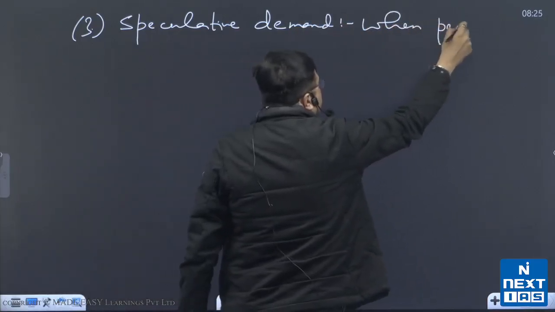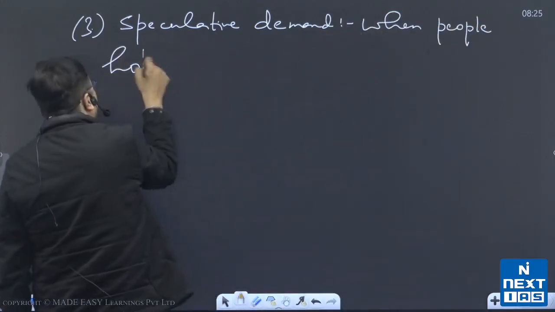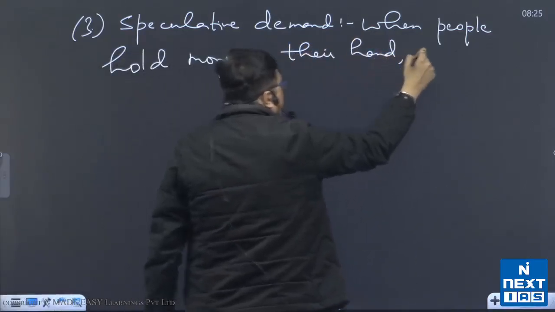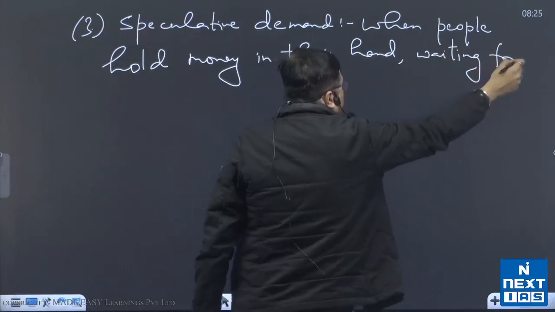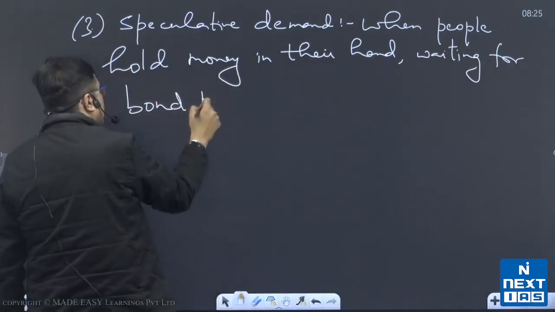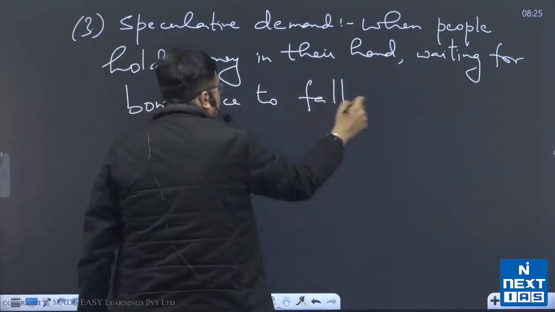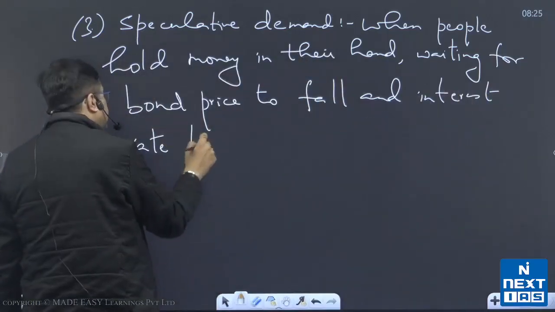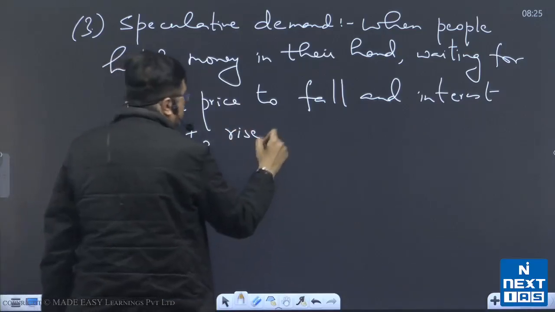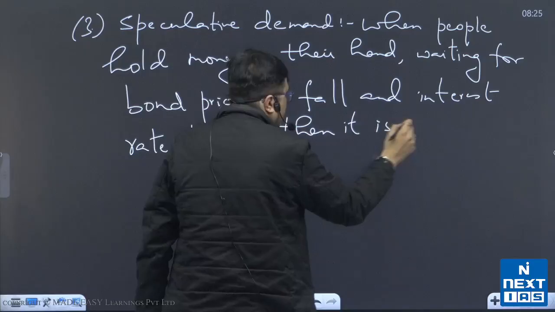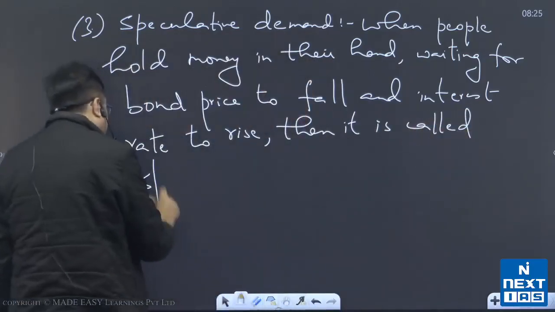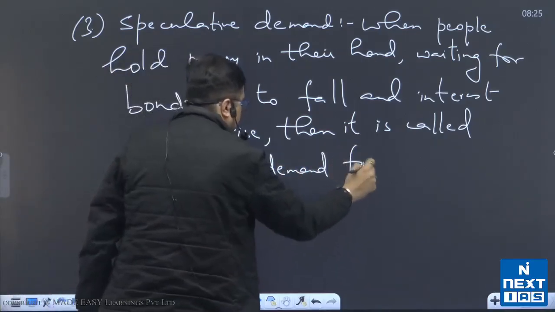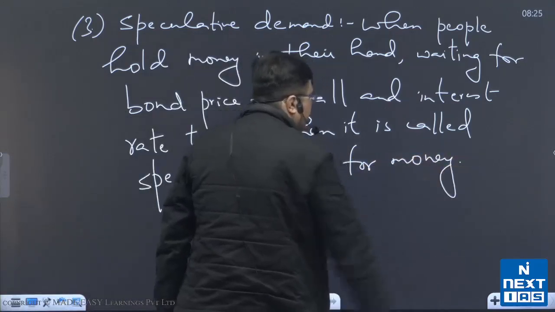So we say that when people hold money in their hand, waiting for bond price to fall and interest rate to rise, then it is called speculative demand for money.